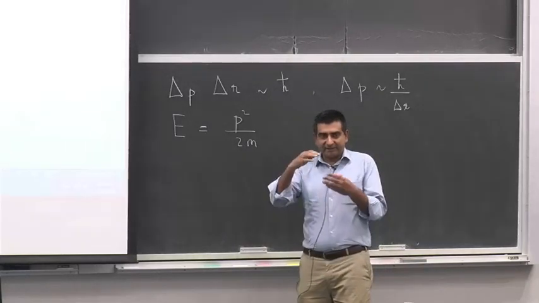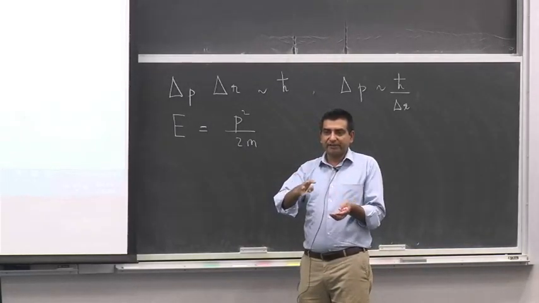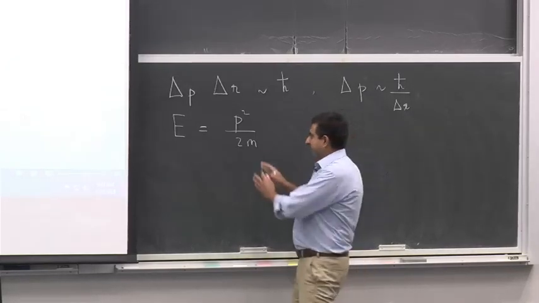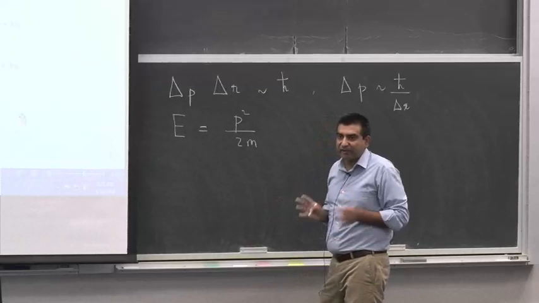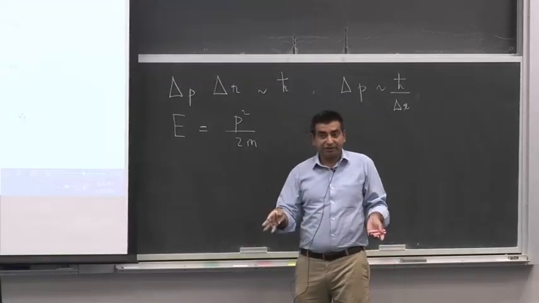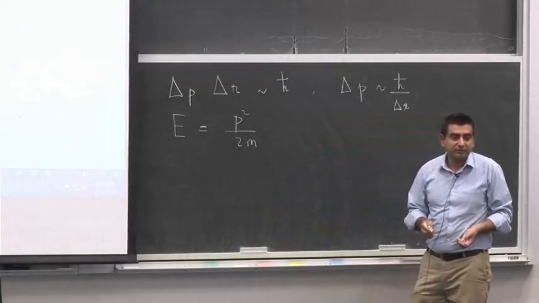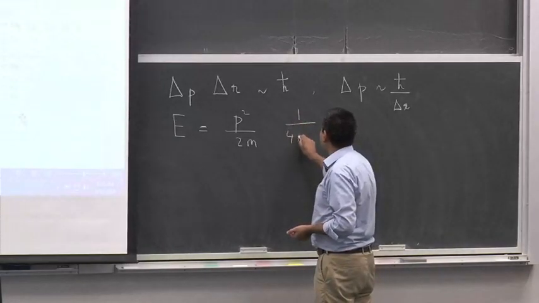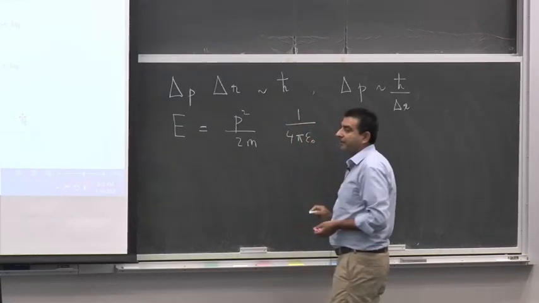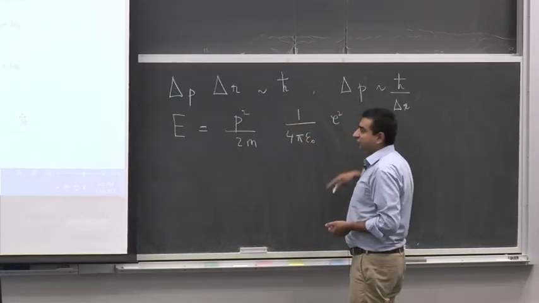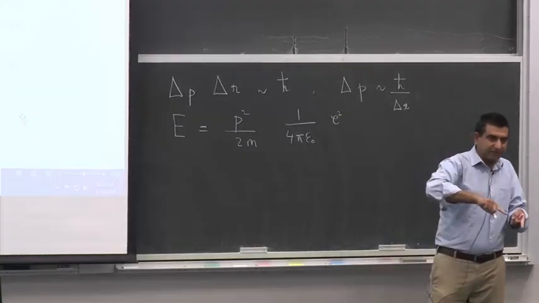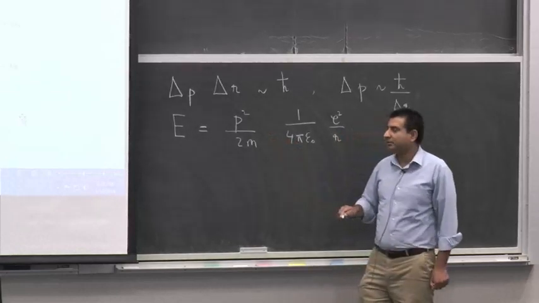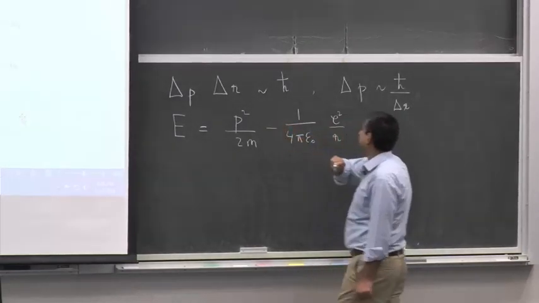Since the electron is in the ground state, it's close to the nucleus, it's moving with non-relativistic speeds, so you can take the classical formula, P square over 2m for the kinetic energy, plus the potential energy. So what's the potential energy for the electron? 1 over 4 pi epsilon naught e square, the charge on the proton inside the nucleus multiplied with the charge on the electron divided by R. And what sign do I have here? I have a minus sign here.